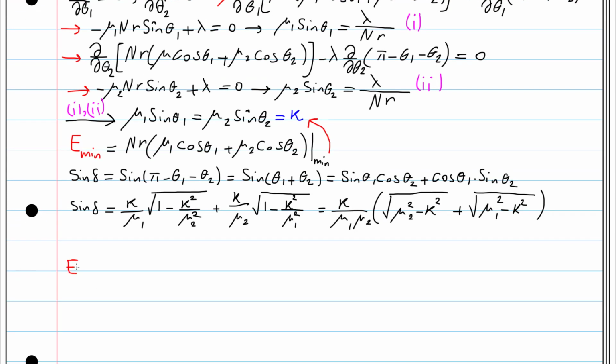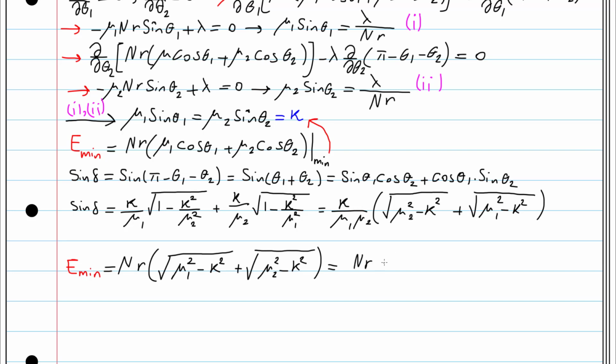Now E min is equal to n r times the square root of mu1 squared minus kappa squared plus the square root of mu2 squared minus kappa squared. And from the above formula for sine delta, it simplifies to n r times mu1 mu2 sine delta over kappa.